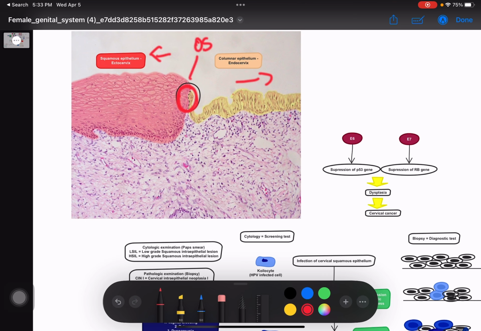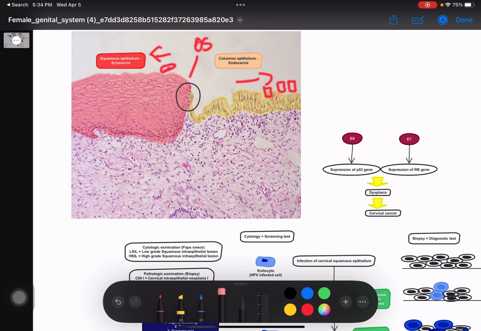So this is the transitional space where here you see there are columnar cells, and here we have squamous cells. With differentiation, the columnar cells differentiate into squamous cells, and here is the region where this differentiation happens.